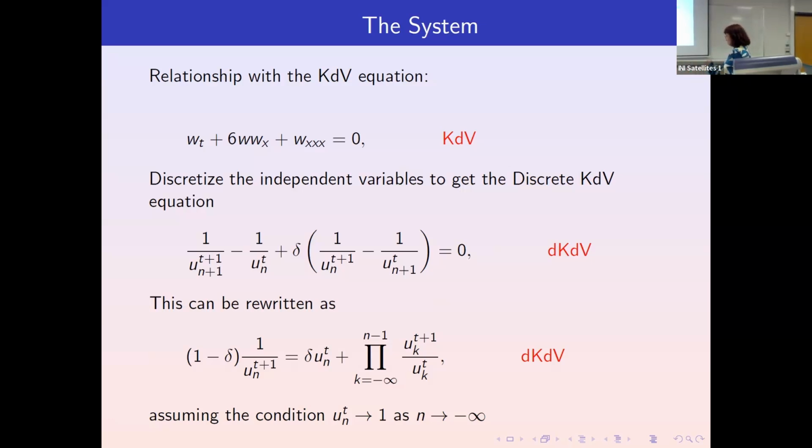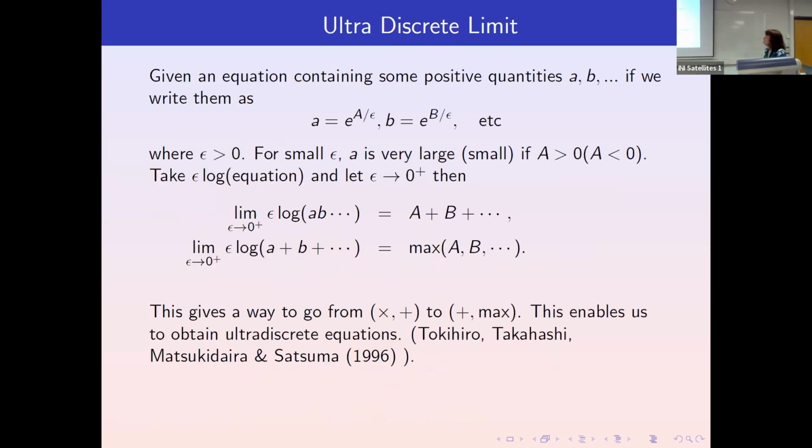And then you do some rather strange limiting thing. You take your quantities from the KdV equation, which I'll call little a and little b, and set little a equal to e to the capital A over epsilon, and the same for any of the variables you have.